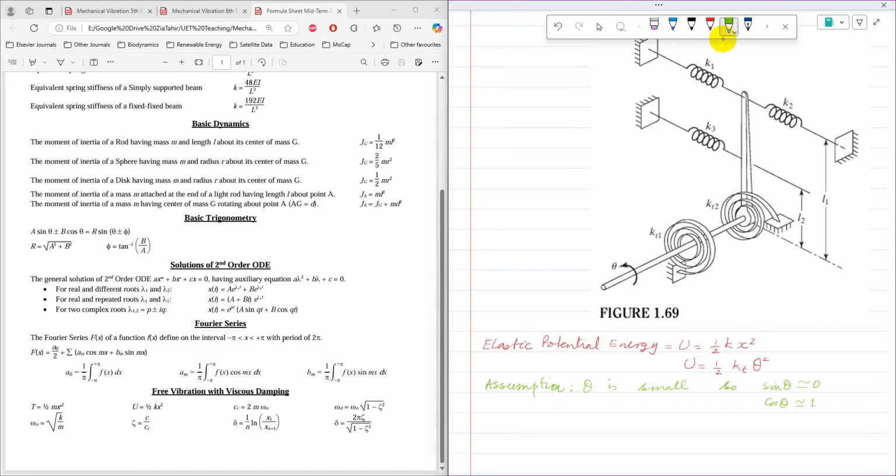The assumption to solve this problem is that theta is a small value in radians, so its sine is nearly equal to theta and its cosine is nearly equal to 1.